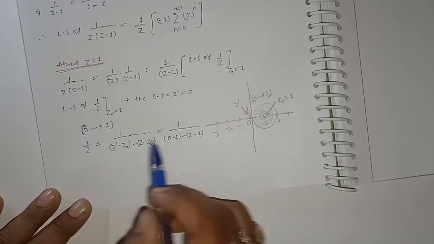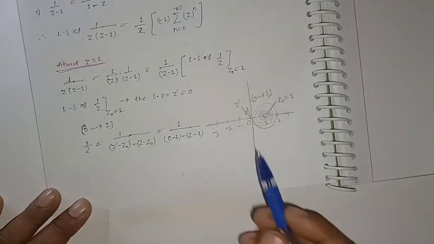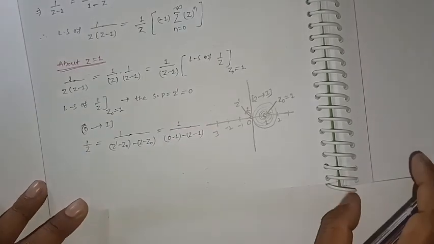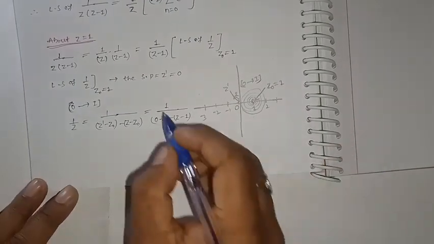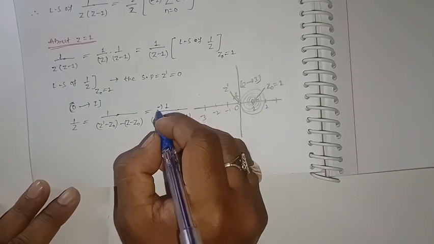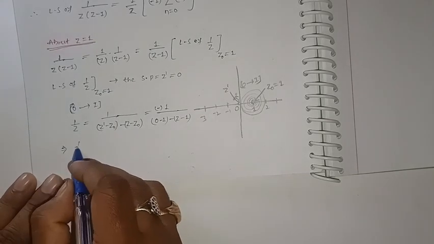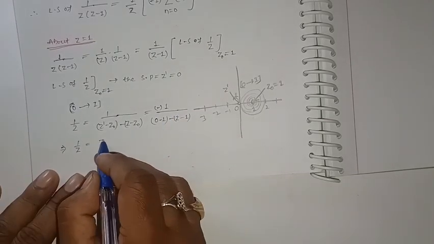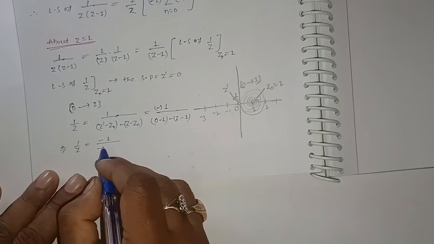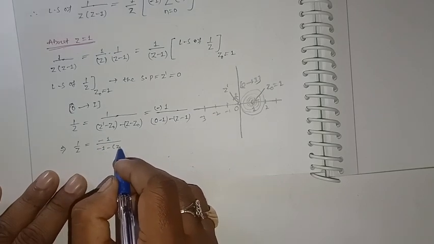Compare this with this. Here -1 plus 1 got cancelled, but minus z we found, but originally it is 1 by z. For that we multiplied by minus. Now both are equalized. So that implies 1 by z will be equal to here -1 by -1 minus z minus 1.